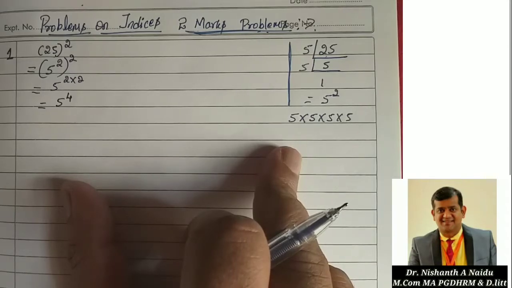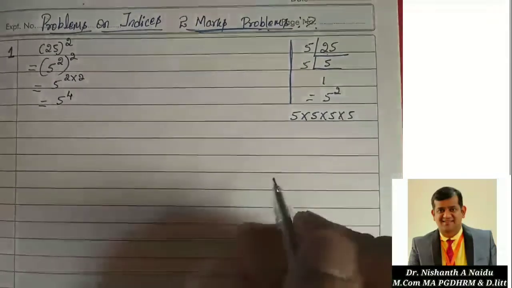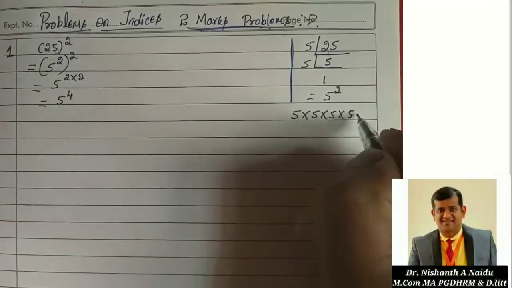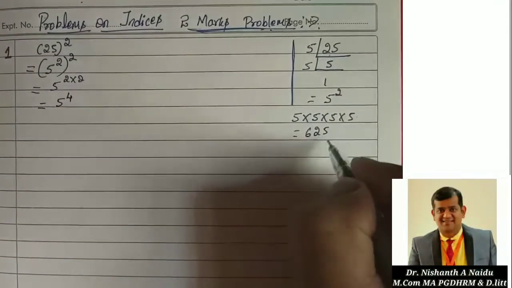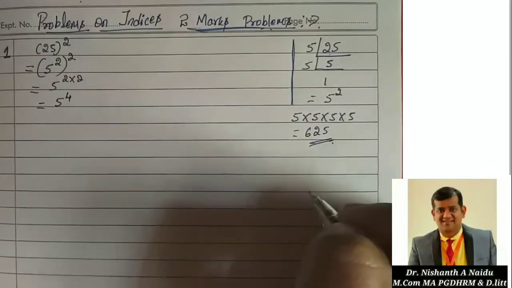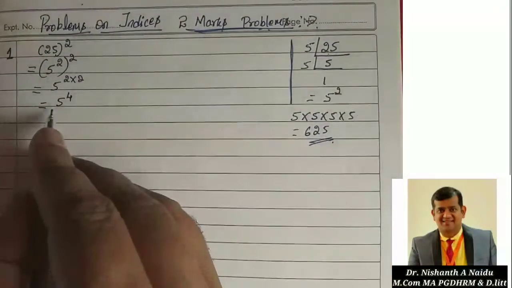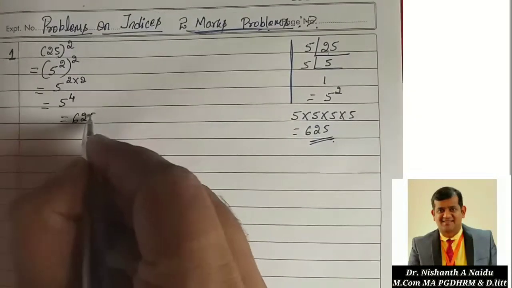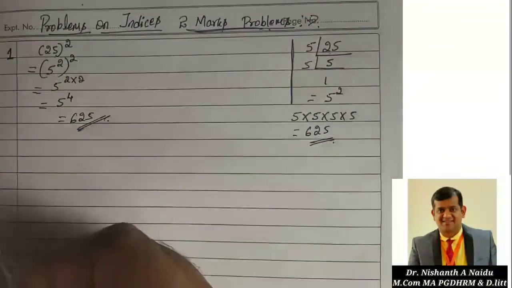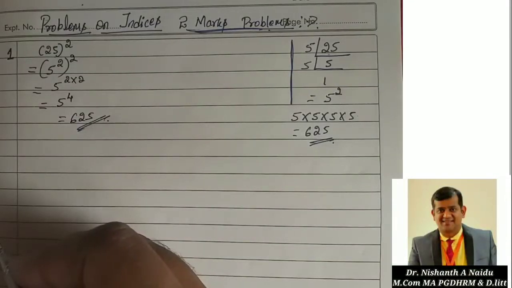If you do this 4 times multiplication, the answer will be 625. So the answer for this is 625. Understood? I believe you have understood.